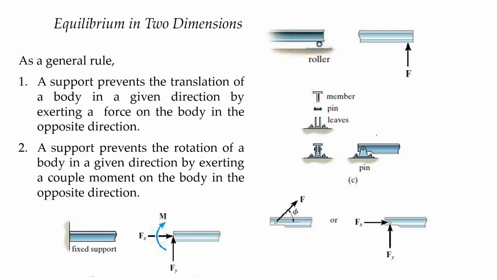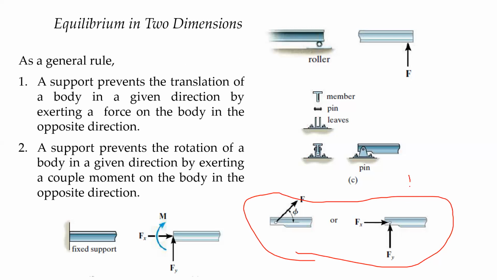Now, as a general rule, a support prevents the translation of a body in a given direction by exerting a force on the body in the opposite direction. Let us say if we look at this figure here, if I have a force going down, my reaction, which is here at the pin, will also resist that. Because if I don't have that force going up to counteract this going down red arrow force, my rigid body will go down, right?